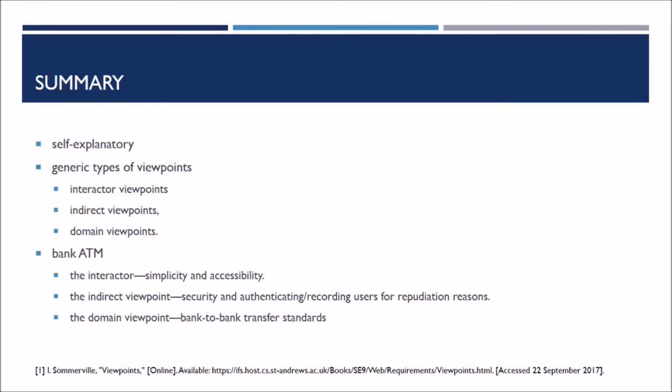He might also have further concerns, such as the authenticating and recording of users. He wants to be able to know if anything is stolen from the bank. He wants to know who did it, who was accessing, who was getting into the ATM at that time, so we can catch whoever it was.